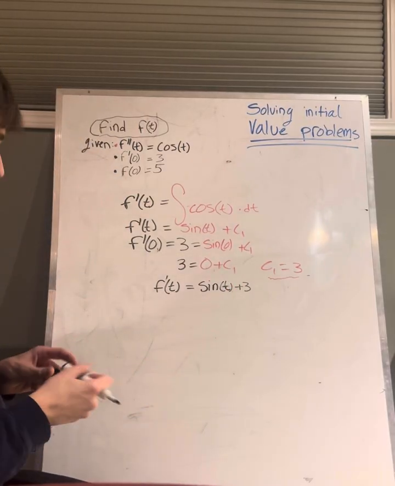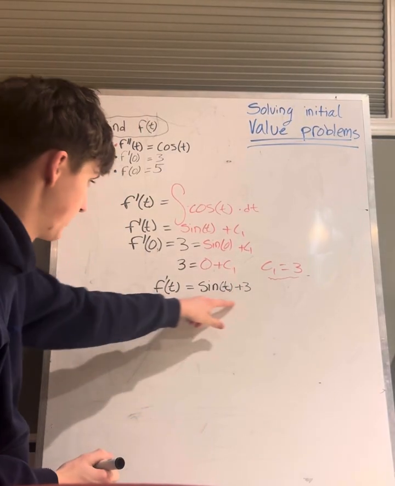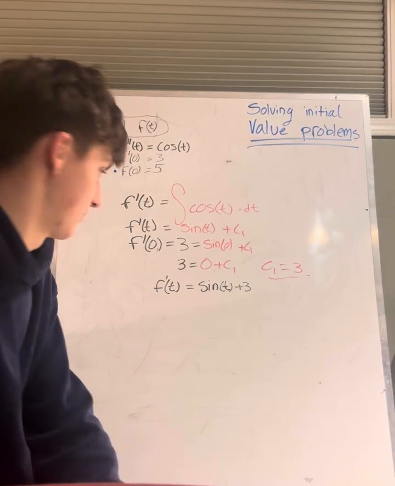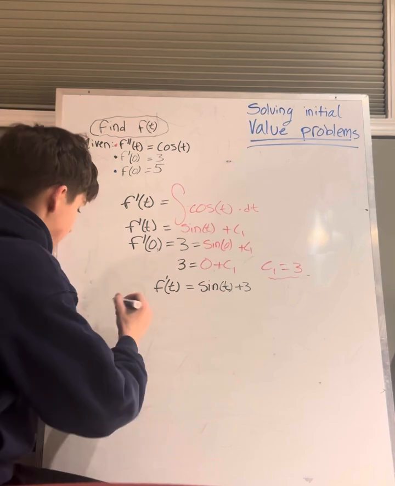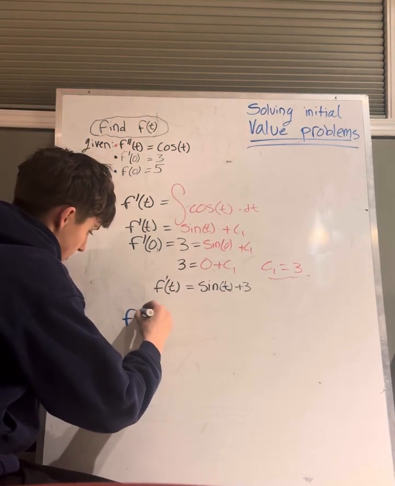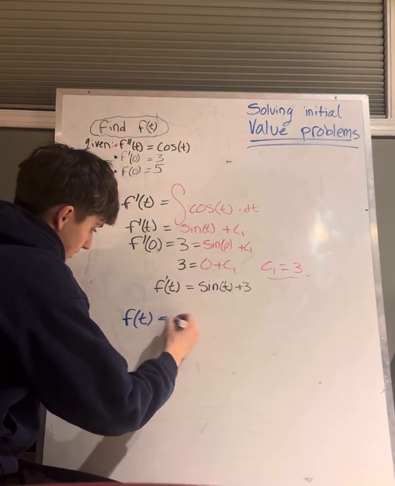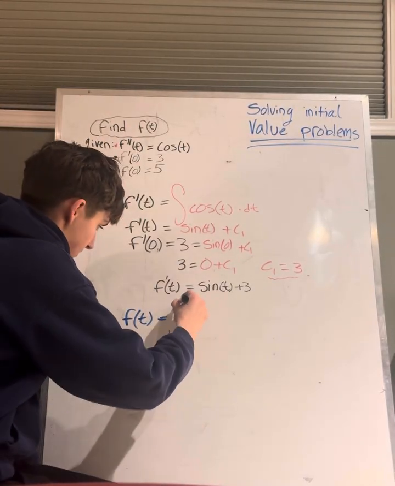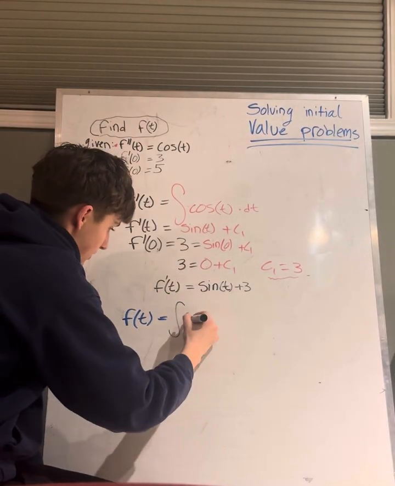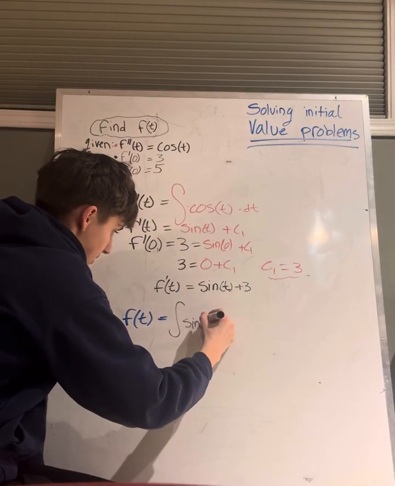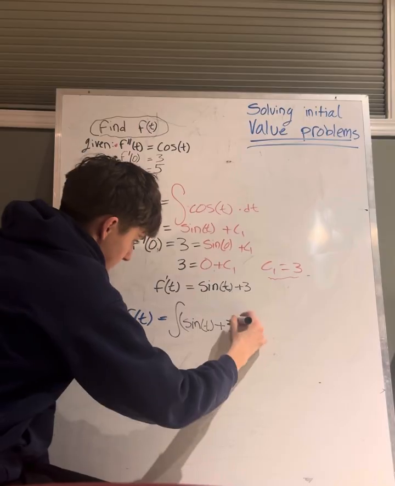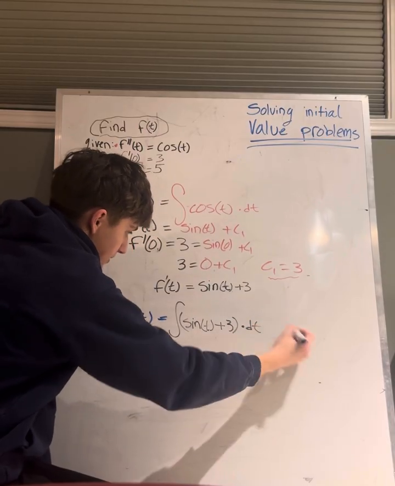All right, so now let's take the integral of our first derivative to find our base function, which I will use blue for. F of x, or f of t rather, sorry, is going to be equal to the integral of our derivative here, which is sine of t plus 3 with respect to t.